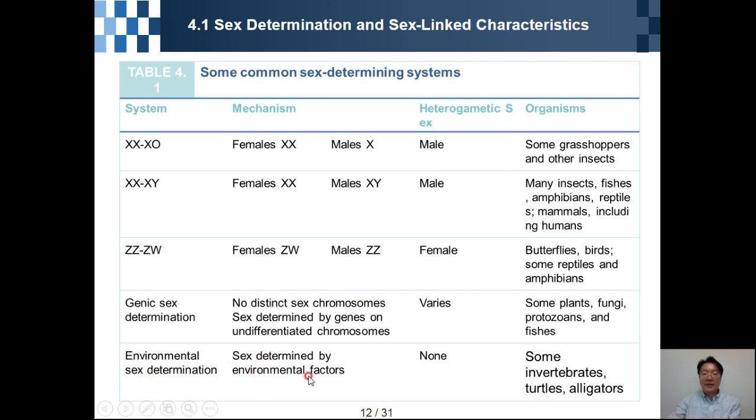Usually the environmental factors are location and temperature. And also, how about the heterogametic sex? For example, in the XO system, this is the heterogametic sex. How about XY? This is heterogametic sex. And in the ZW system, ZW is the heterogametic sex. And the heterogametic sex can be male or female like this, okay?